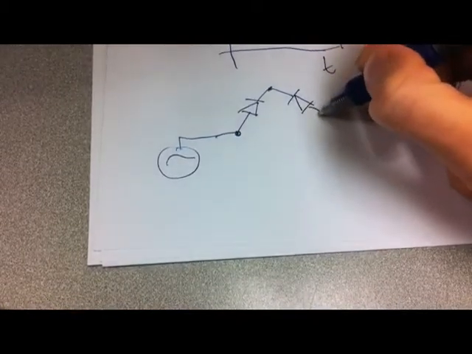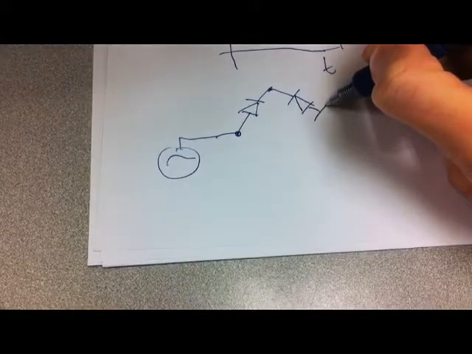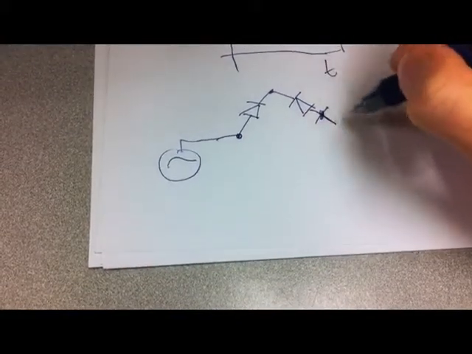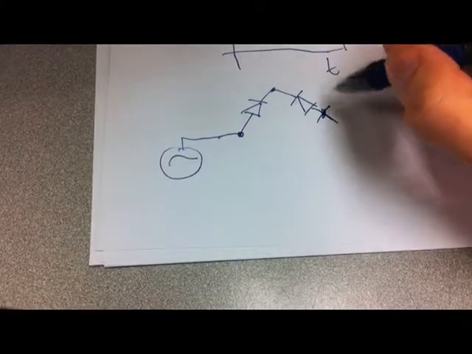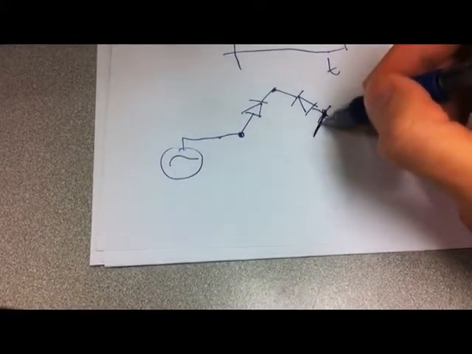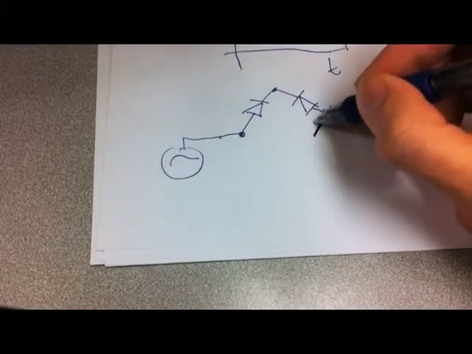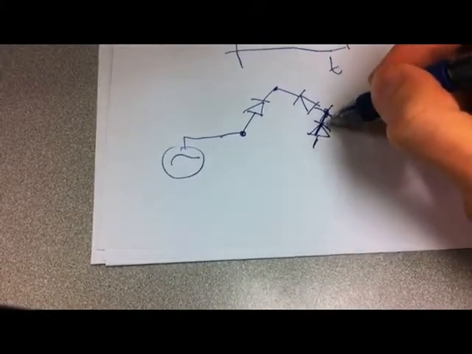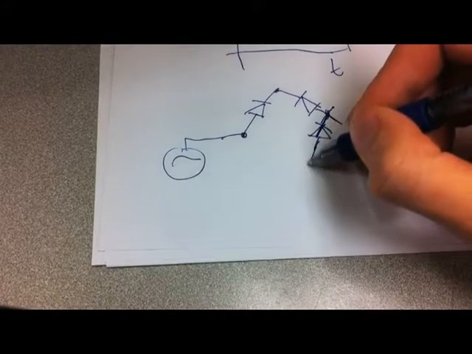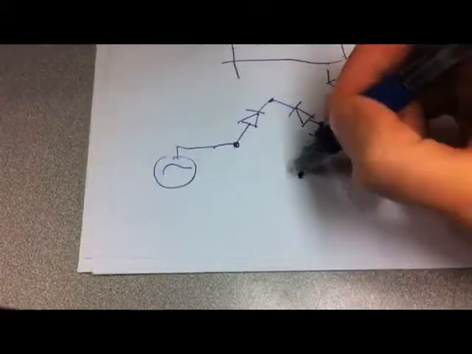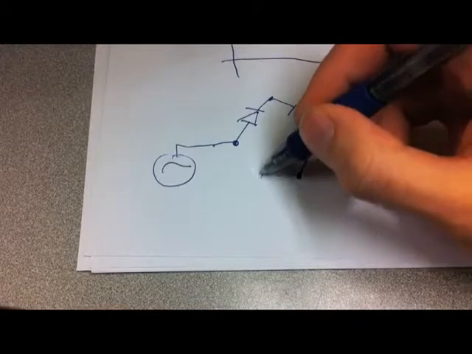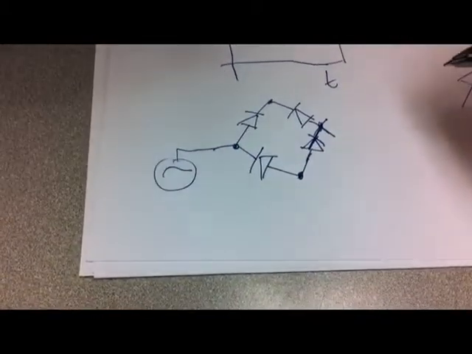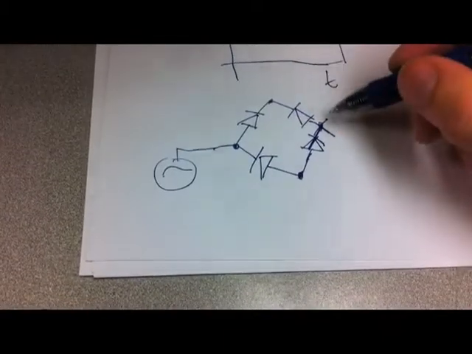Now remember, diodes have a polarity. That diode's going that way, and this diode's going this way. Okay, sorry for my poor drawing, but I'm not skilled in that way.